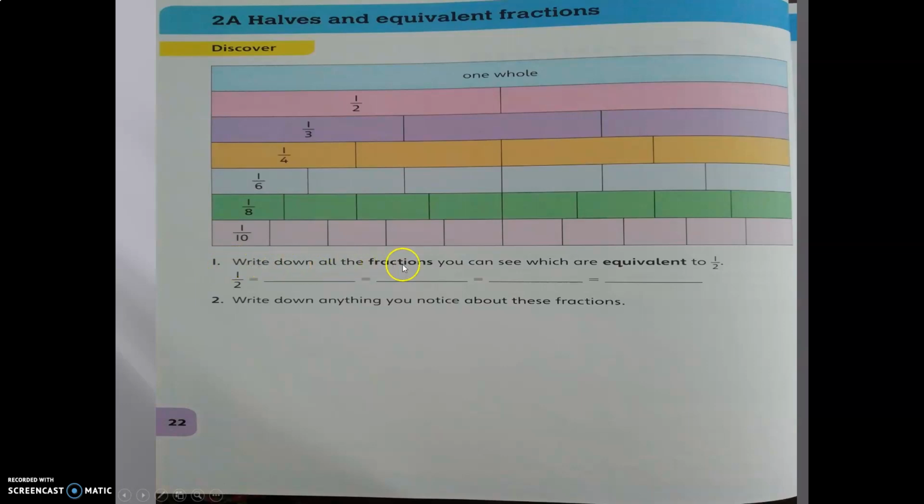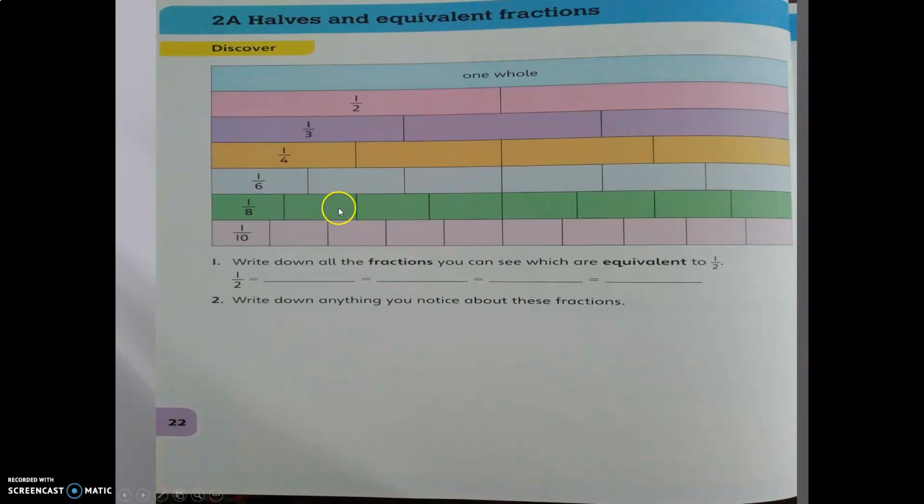Write down all the fractions you can see which are equivalent to the half, or equal to half. Can you see the half area? Can you see? 1 out of 4 and 1 out of 4. They are equal to this half. Okay? 1 out of 6, 1 out of 6, 1 out of 6. So they are 3 out of 6, equal to the half.